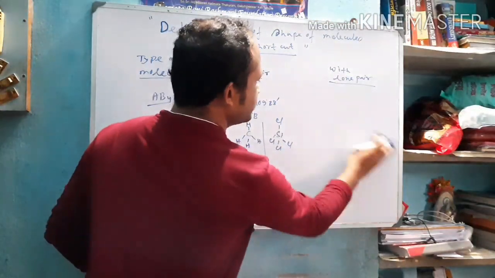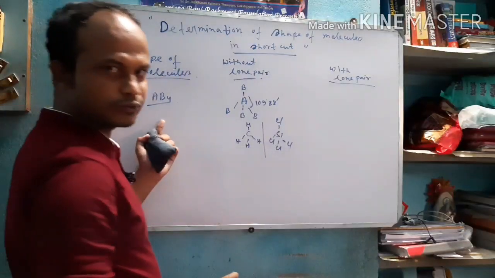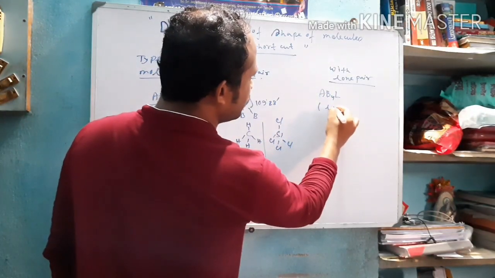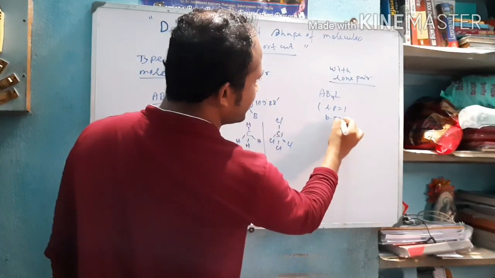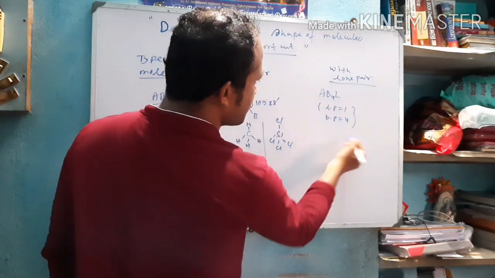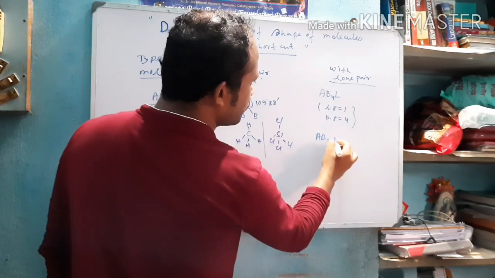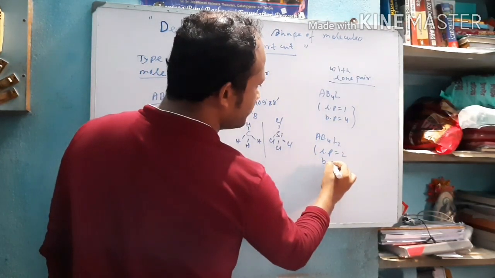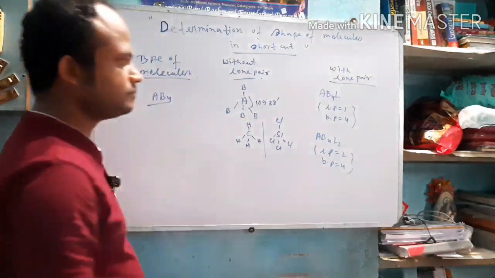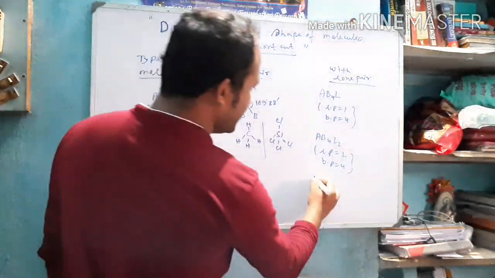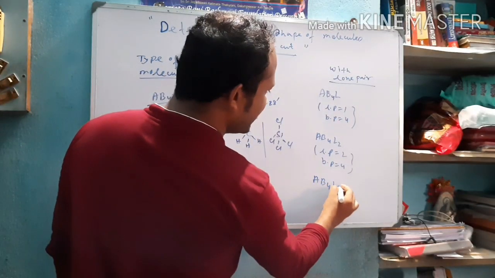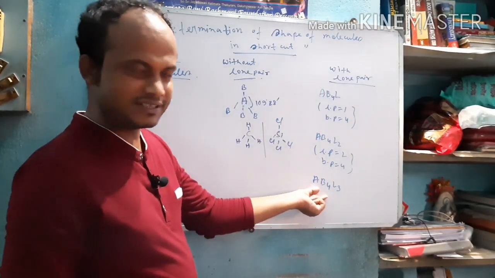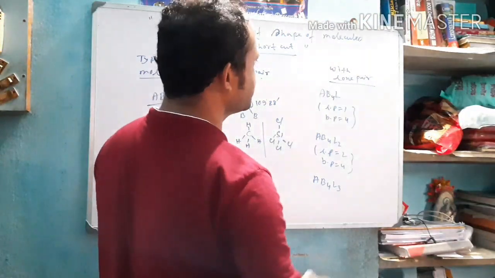With lone pair, AB4 type molecules with lone pair, that is AB4L. Here lone pair equals 1, bond pair equals 4. AB4L2, here lone pair equals 2, bond pair equals 4. And also AB4L3, if it is possible, you can justify this. Is it possible or not?